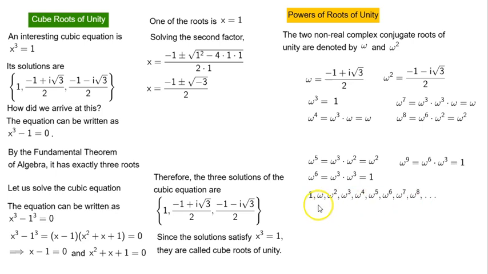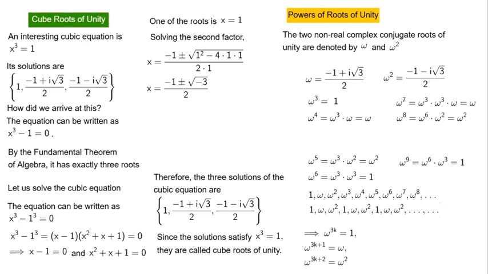So, if we look at these powers, the values associated with them start repeating. 1, omega, omega square; omega cube is 1, omega to the power of 4 is omega, omega to the power of 5 is omega square. So 1, omega, omega square starts repeating.